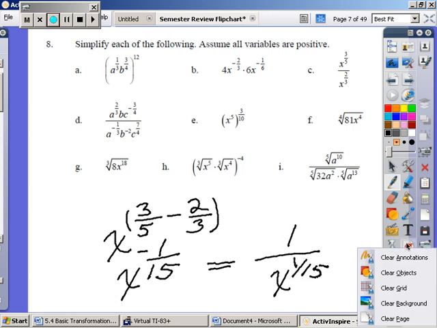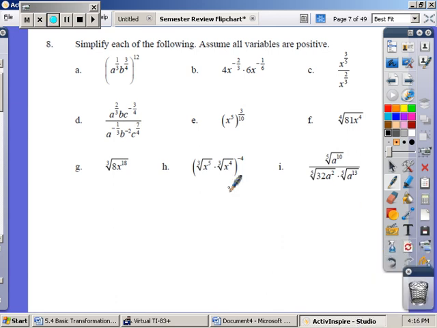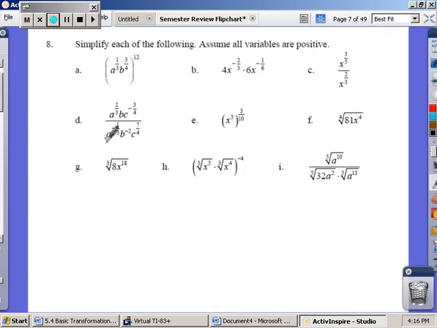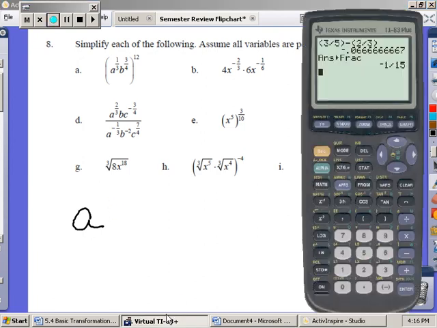Letter D. Subtract the exponents 2/3 and negative 1/3, and you get 2 divided by 3 minus parentheses negative 1 divided by 3.